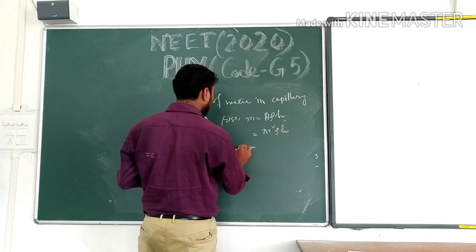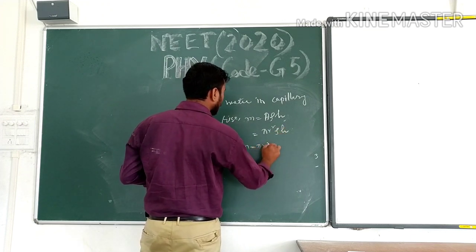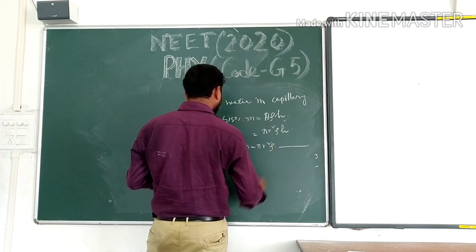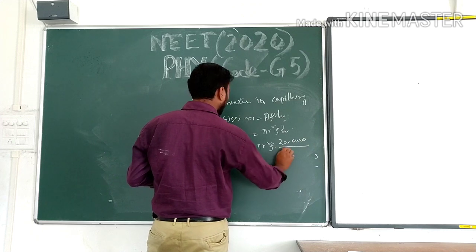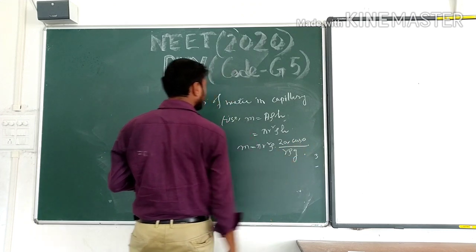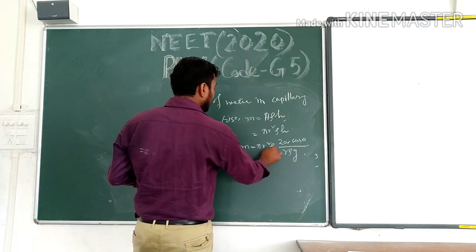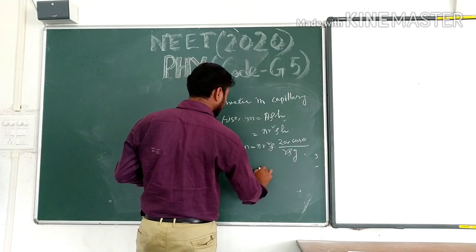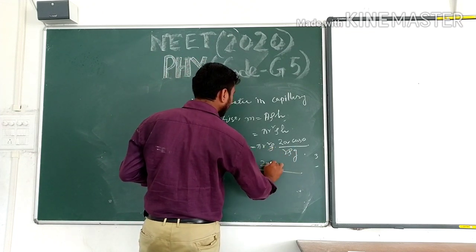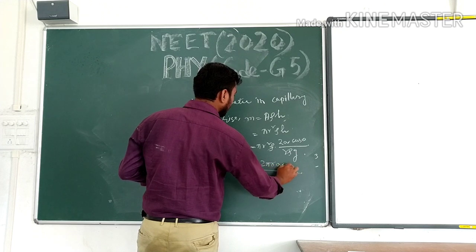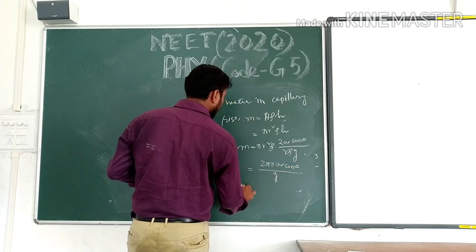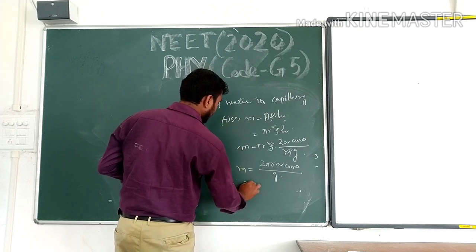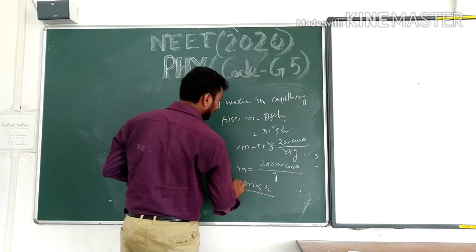Okay, what is the expression for h? 2 sigma cos theta by r rho g. So ultimately it will cancel out, and mass will be 2 pi r sigma cos theta by g. So therefore m is directly proportional to r.